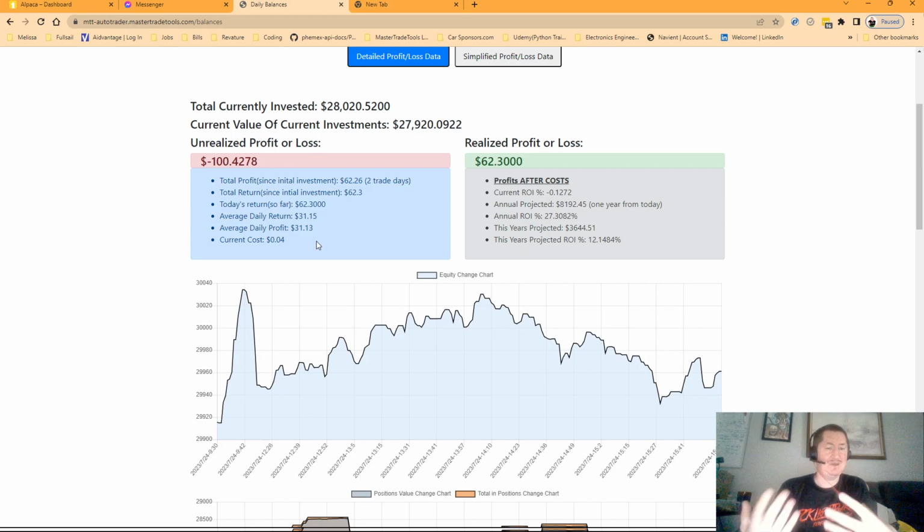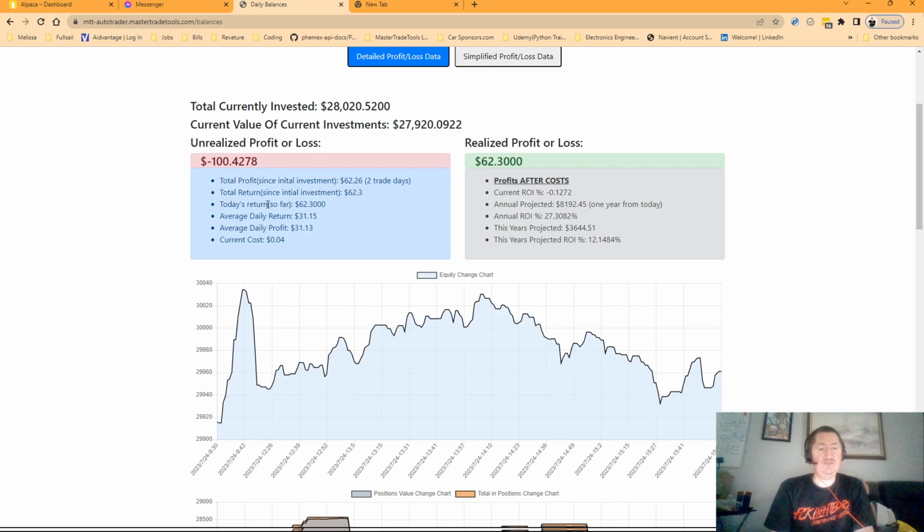We're talking maybe a cent or 2 cents a day. In this case, it's been 2 cents a day, which is why we have a 4-cent cost. Total return is what we have received before costs. So in this case, it's that $62.30.